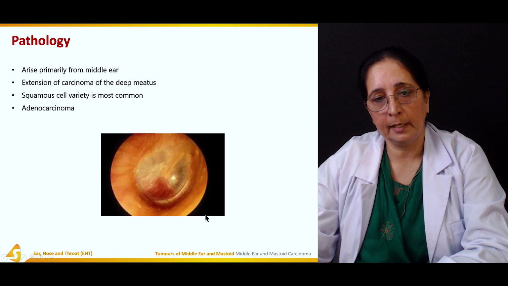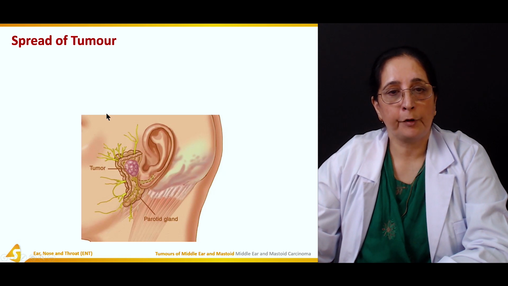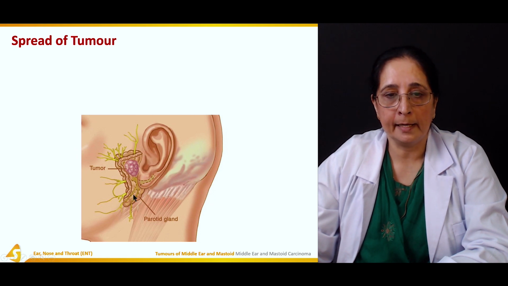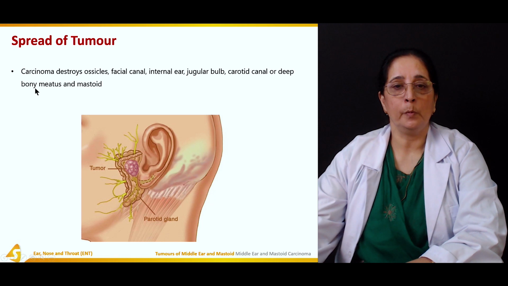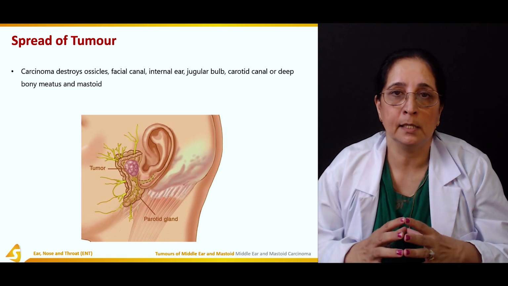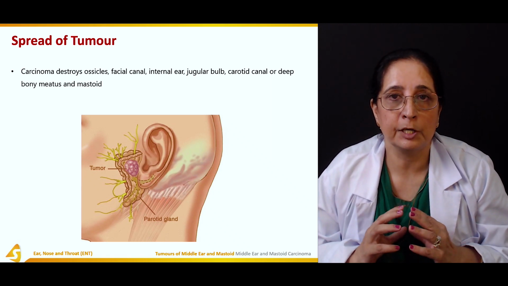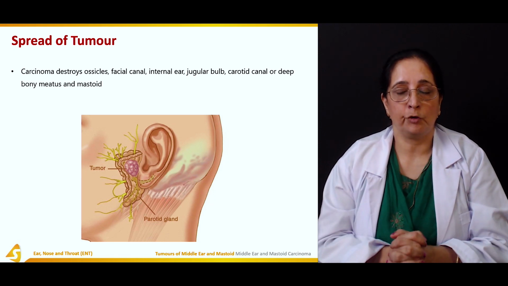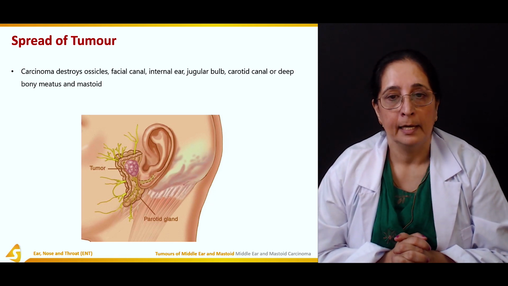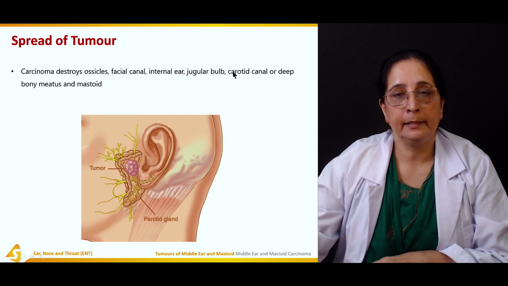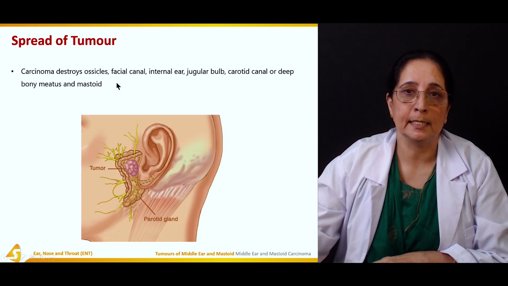This is the otoscopic appearance of the ear. Then the spread of the tumor. This is the tumor present. Then this is the parotid gland. Spread of the tumor: carcinoma destroys ossicles. It is present in the middle ear. So ossicles are the bones of the middle ear. So it can destroy the ossicles, which are the middle ear bones. It can destroy and affect the facial canal, internal ear, jugular bulb, carotid canal or deep bony meatus and mastoid.